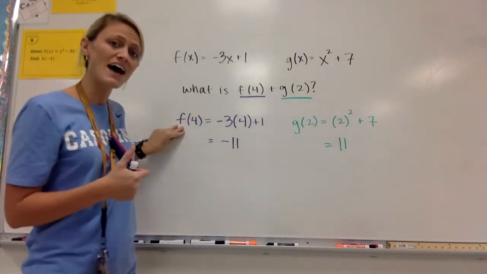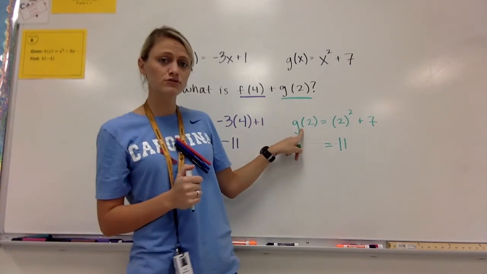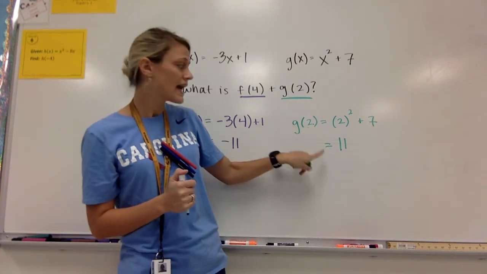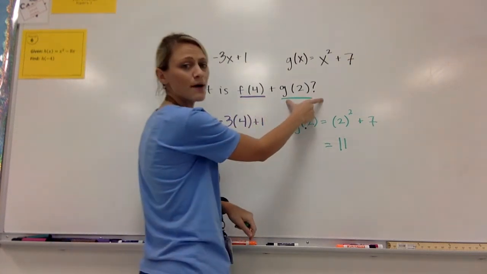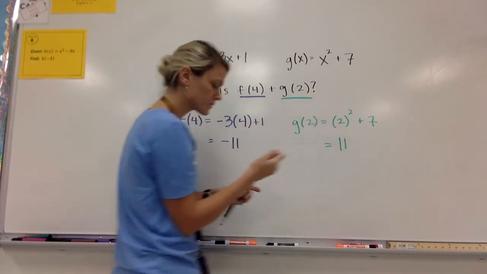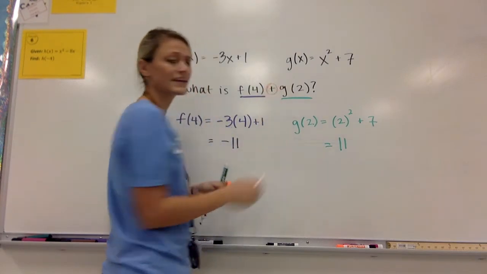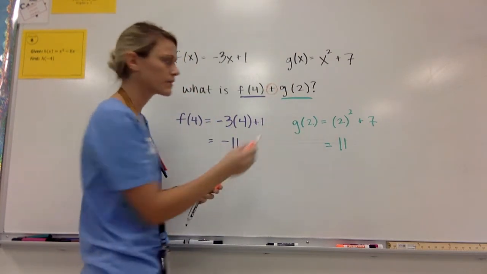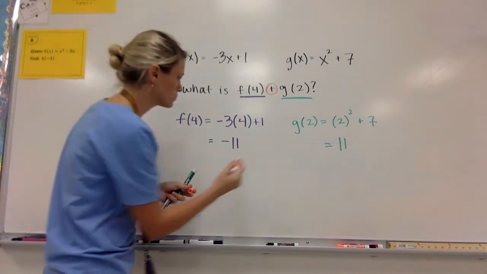So first I found f with an input of 4, and that was negative 11. Next I found g with an input of 2, and that gave me positive 11. So I've got my f of 4, I've got my g of 2. Now my last step is to add them, okay? So I had f of 4 plus g of 2.